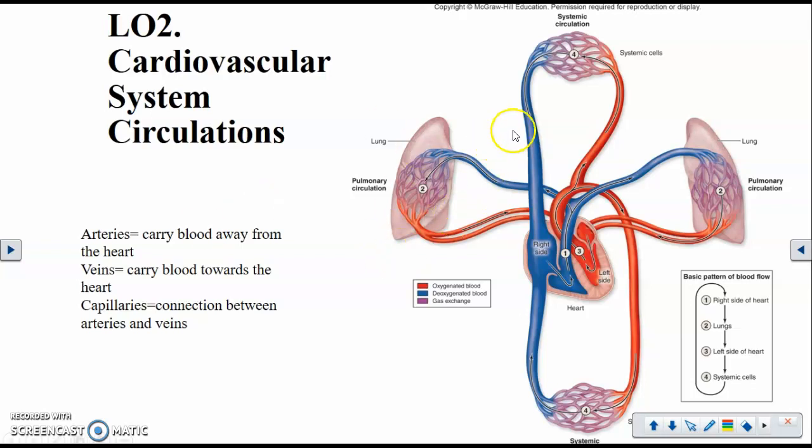So if we go again, let's say this is the heart, blood comes back into the right atrium, it passes through the tricuspid valve into the right ventricle, it goes past the pulmonary semilunar valve into the lungs. They come back into the left atrium, past the bicuspid valve towards the left ventricle, from which they exit through the aortic semilunar valve into the aorta.